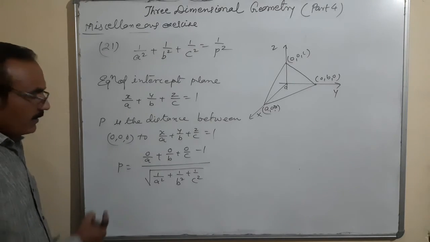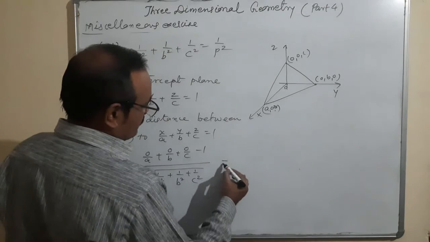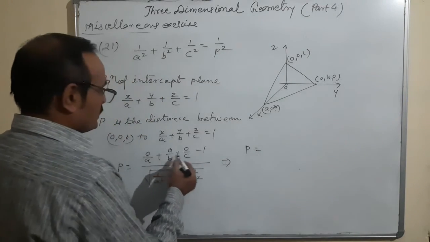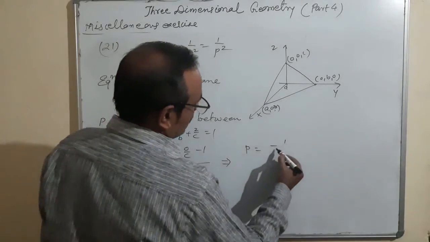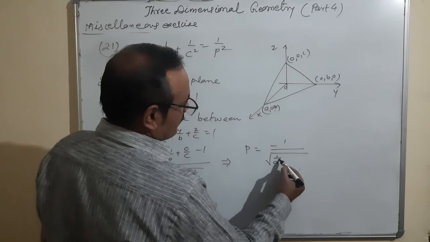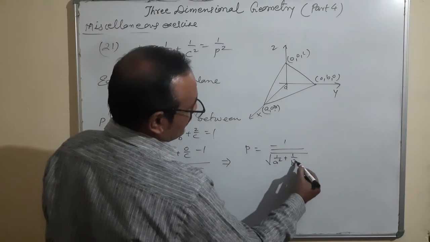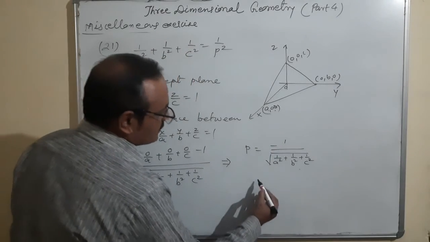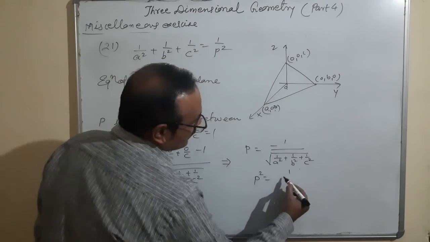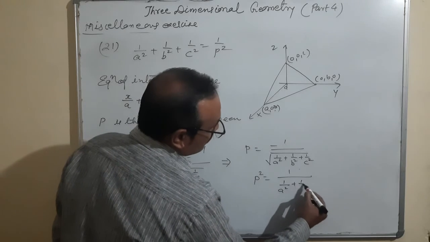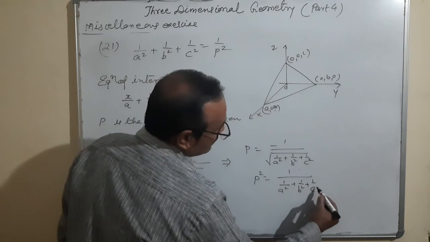This implies p is equal to, all these terms being 0, minus 1 upon under root of 1 upon a square plus 1 upon b square plus 1 upon c square. Squaring on both sides, p square is equal to, minus becomes plus, 1 upon a square plus 1 upon b square plus 1 upon c square.